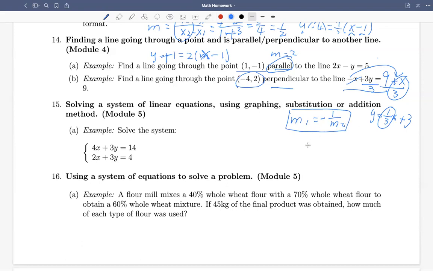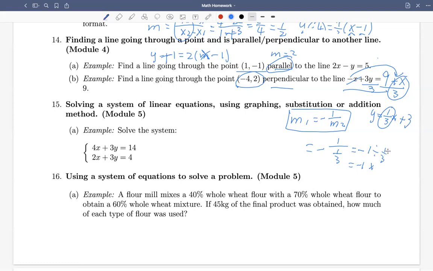So what I'm going to do is negative 1 over 1/3. So it's still negative. Then 1 divided by 1/3. How do we divide by a fraction? We change division into multiplication. We take the inverse of 1/3.